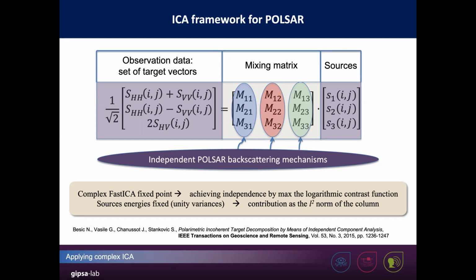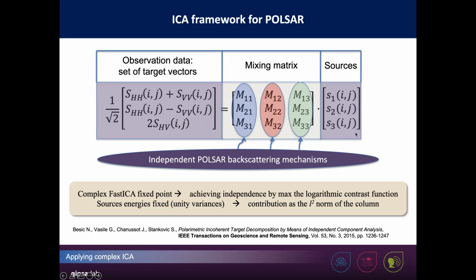Now, if we fix the energies of the sources to unitary variances, then the total energy is transferred to the mixing matrix, and the columns of this matrix will be independent PolSAR backscattering mechanisms. The importance of these mechanisms is obtained as the L2 norm of each column.